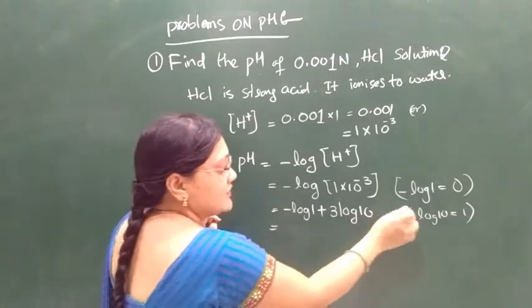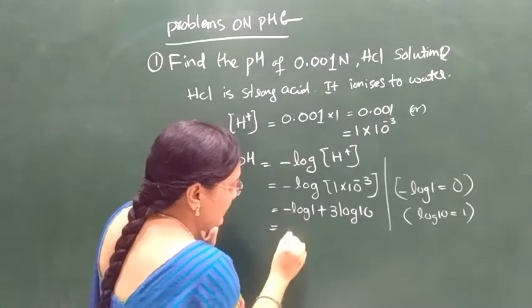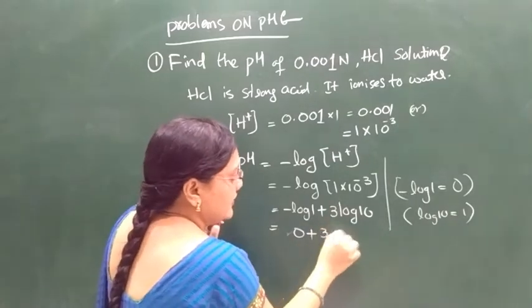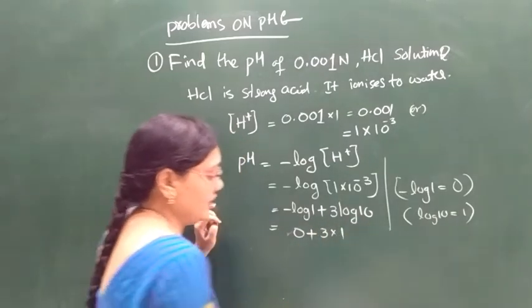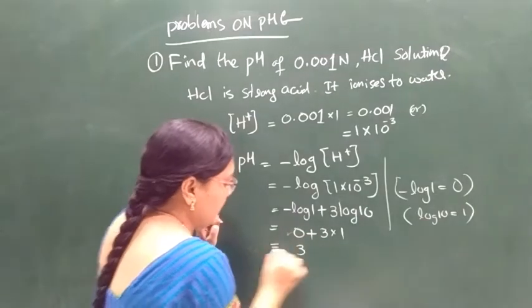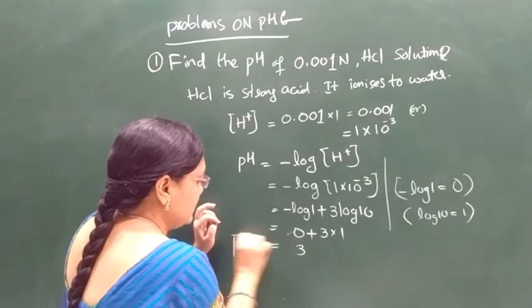So 0 plus 3 into 1 gives the answer 3. pH equals 3.